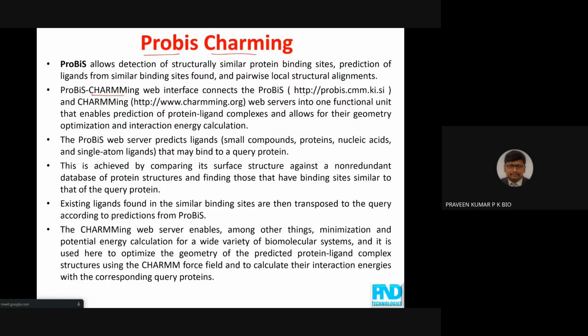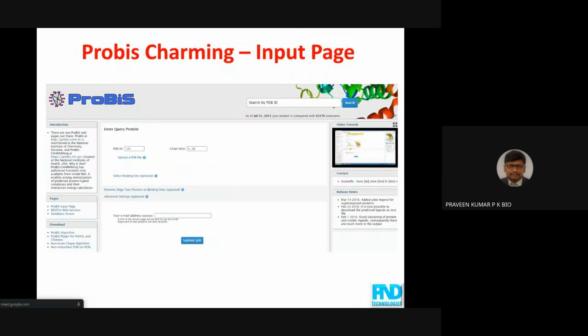Okay, so for this we can go to this URL for working with CHARMing. Now let me show how ProBiS CHARMing looks. If you go to that URL, we get this kind of window. Either we input the PDB ID or upload the PDB file, but it is a must to provide the chain ID. Even if you have only one chain, we have to give the chain.